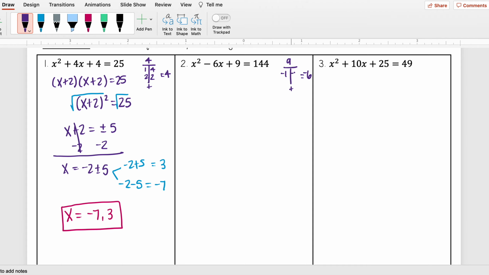So I can have negative 1, negative 9, negative 3, negative 3. And I see that negative 3, negative 3 are the winners. So I'm going to have x minus 3 times x minus 3 is equal to 144. And now again, since I have the same thing twice, I can rewrite that as x minus 3 squared.